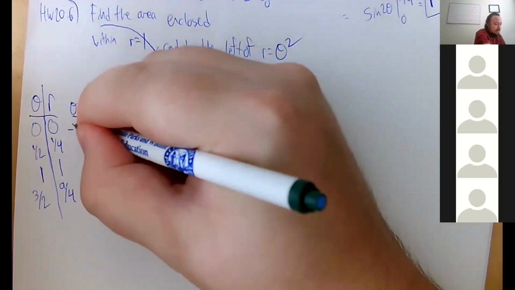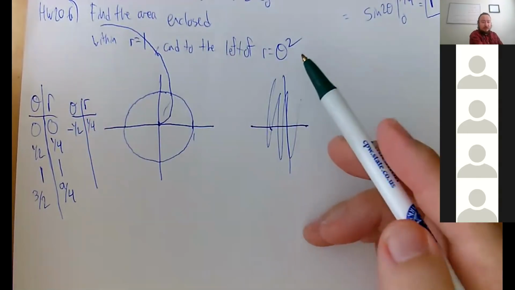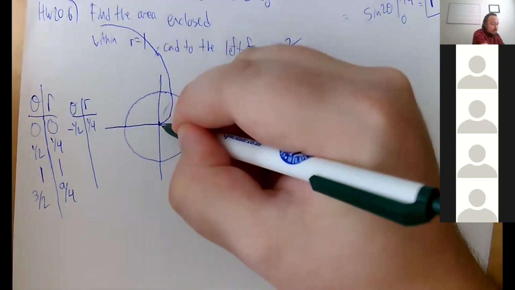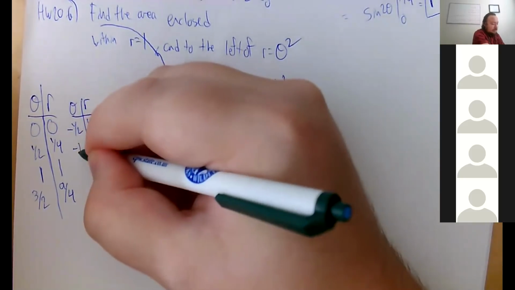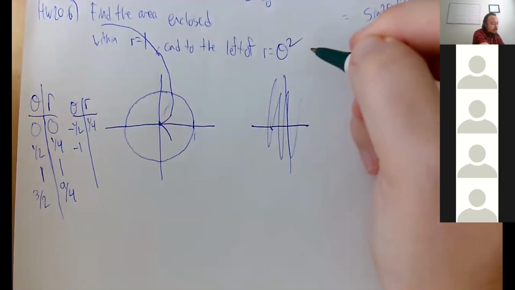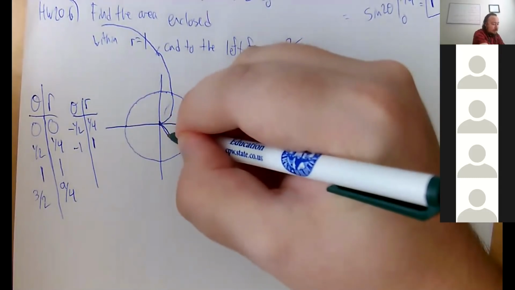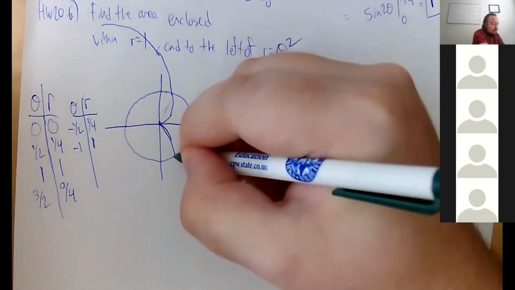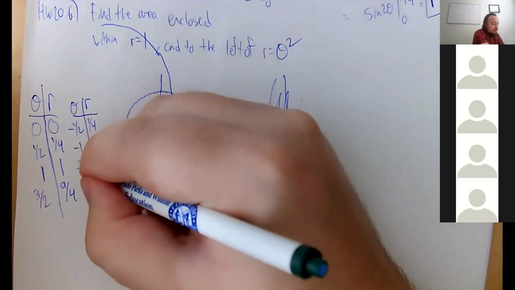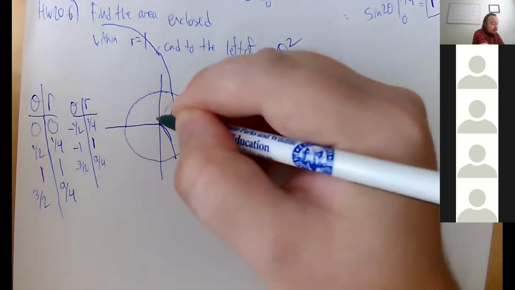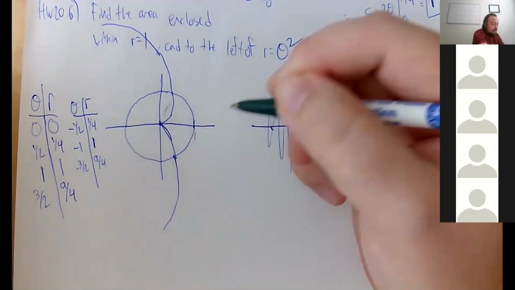So let's say I go to theta as negative 1/2. Well, that means my r will still be positive 1/4 because I'm squaring, right? So I'm going to come out here to positive 1/4. Then I have negative 1 here, and when I square that, I get 1. So I have that right there. And when I go to negative 3/2 here, I'm going to have 9/4, so I'll be out like this.